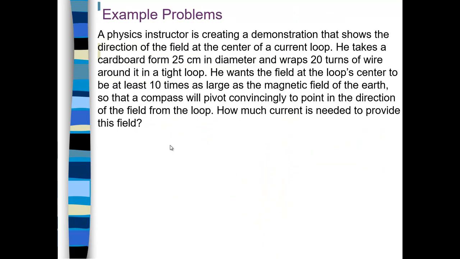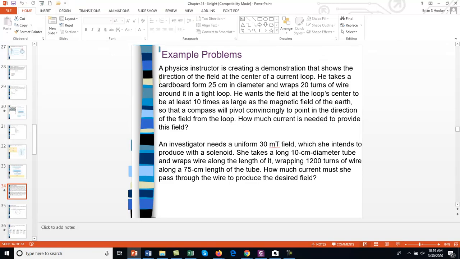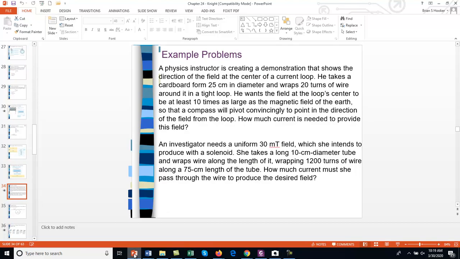So we go back to our example problem. Let's switch over to the doc cam really quick. We have N equal to 20 coils. The diameter is 25 centimeters.